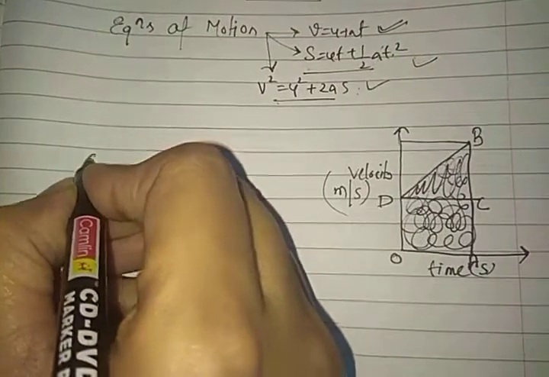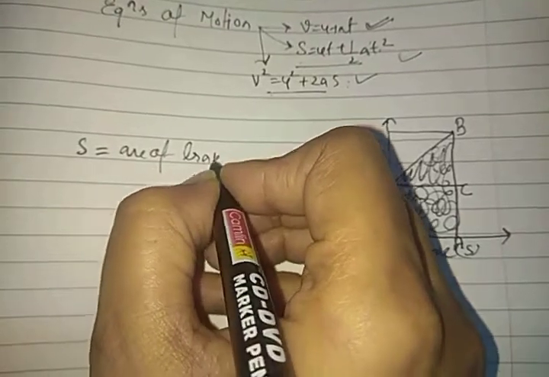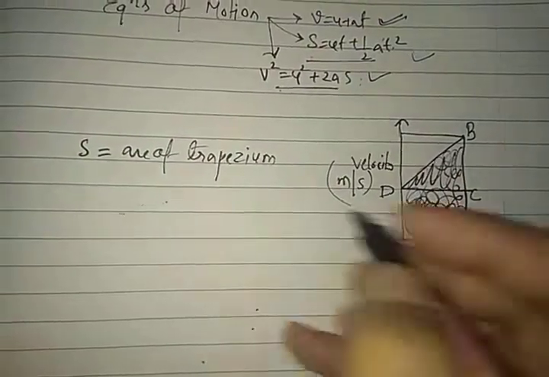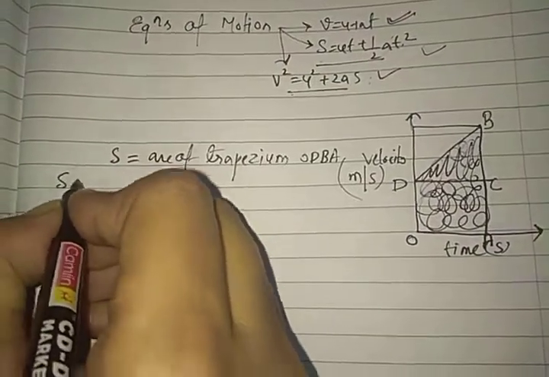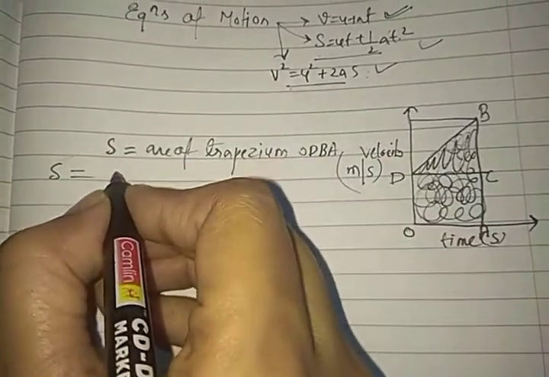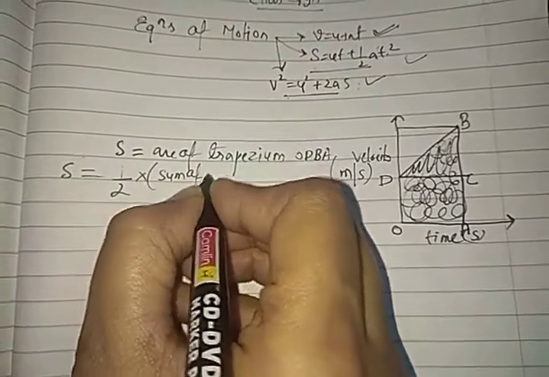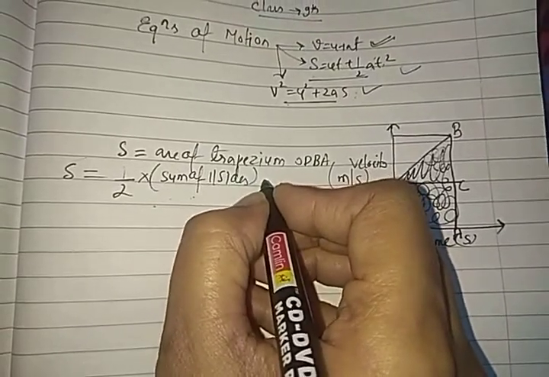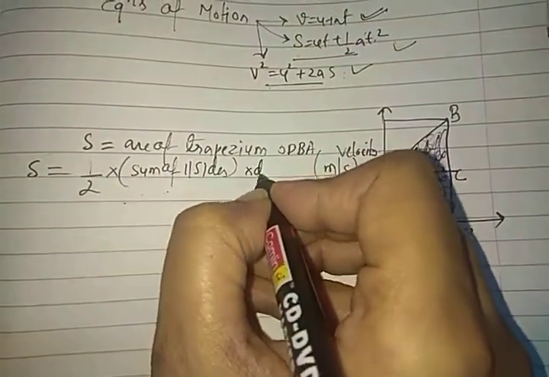The total distance covered by the body, S, is equal to the area of trapezium ODBA. The area is half into the sum of parallel sides into the distance between them.